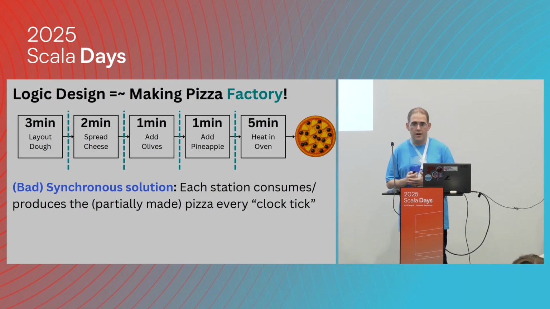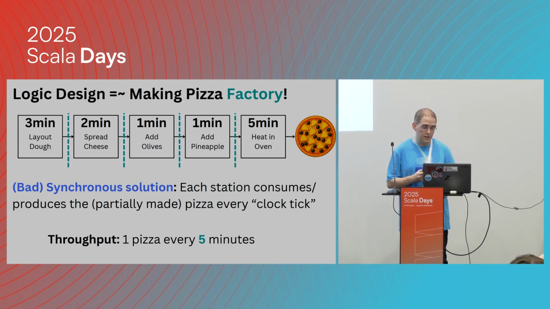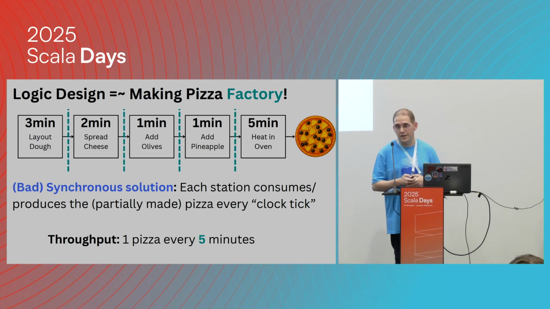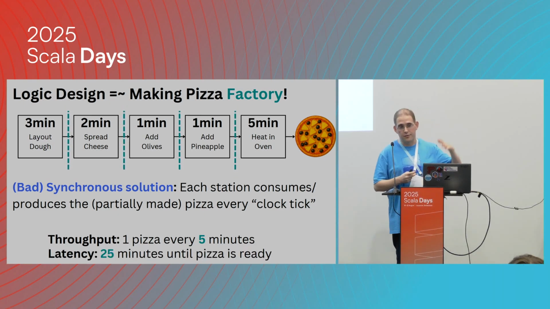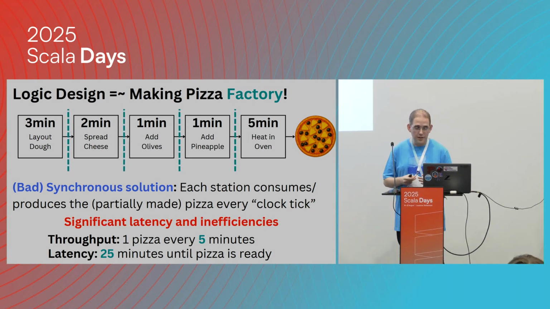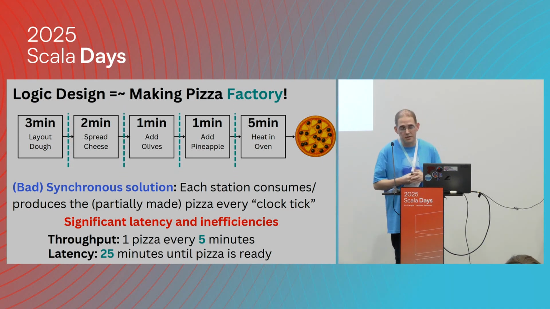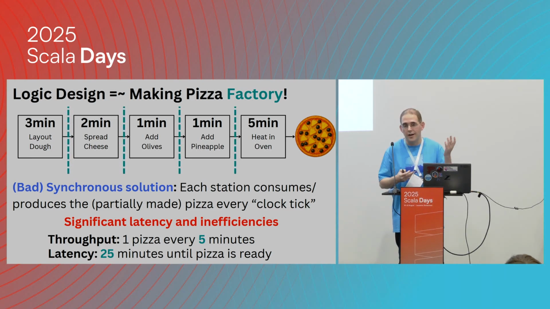But this is very bad, because indeed we get a throughput of one pizza every 5 minutes, but now the latency is 25 minutes from when we begin until we get that pizza. Additionally, we have significant inefficiency, because the pineapple station is not optimized. Basically, that guy is resting. We pay him 80% salary that he doesn't earn.